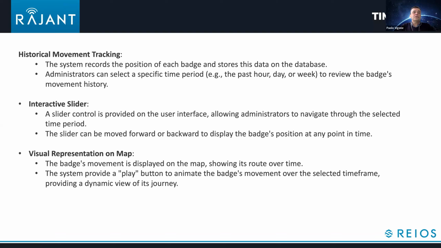And there is also a play button in order to animate the badge movement over the selected time frame. So you have just a dynamic view of his journey. I'll show you.